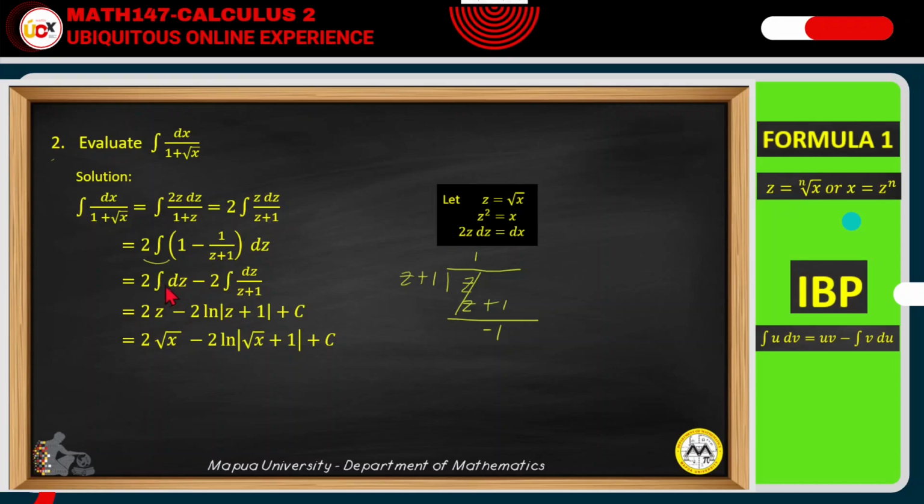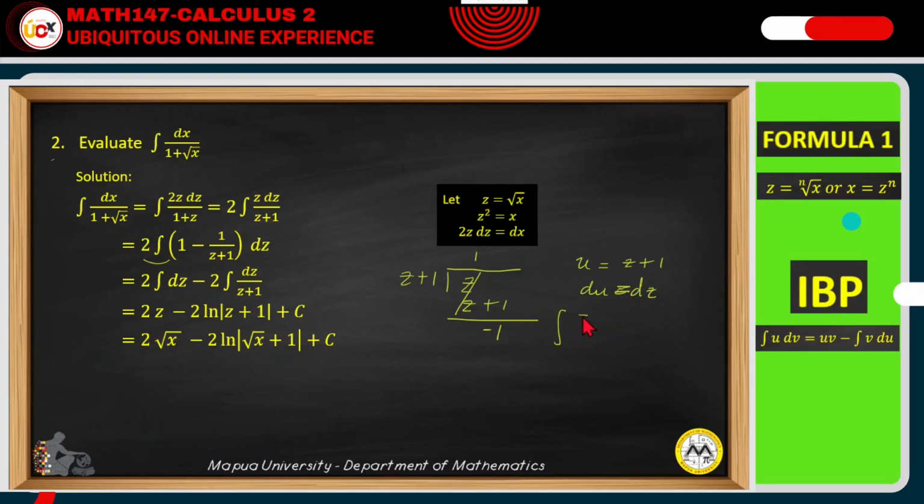And then recall that the integral of dz is z, so you have 2z minus 2 times the integral of dz over z plus 1. But this is of the form du over u, where u is z plus 1 and du is dz.